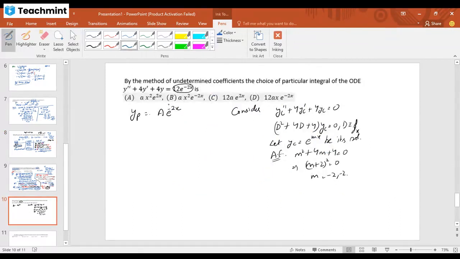Here we have e power minus 2x. So what is a? Minus 2. And this minus 2 appears 2 times in the auxiliary equation. So in this case, what will be the trial solution? Our trial solution is a e power minus 2x into x square. So the trial solution is A times x square e power minus 2x.